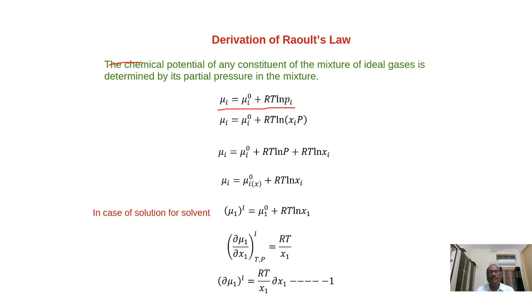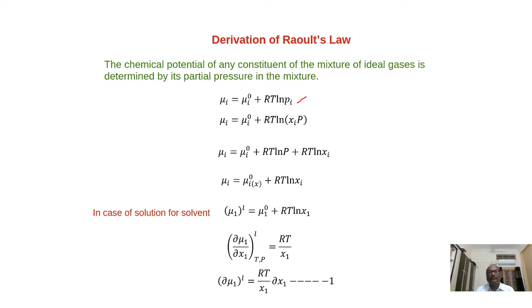This gives the relation between the chemical potential of that component and its partial pressure in the system.